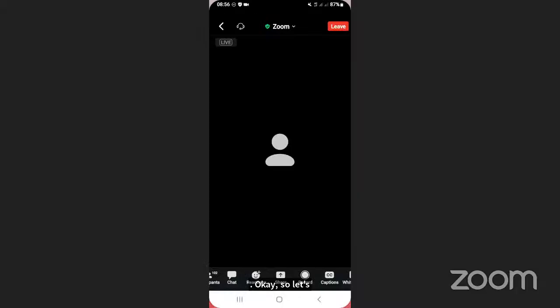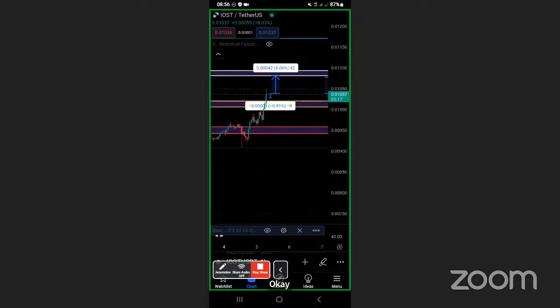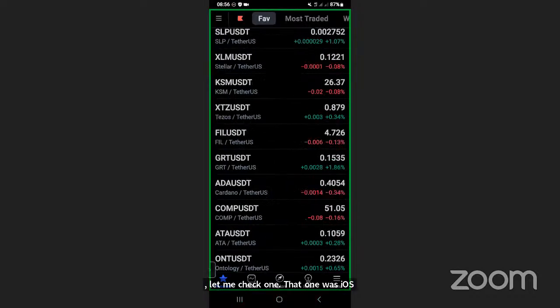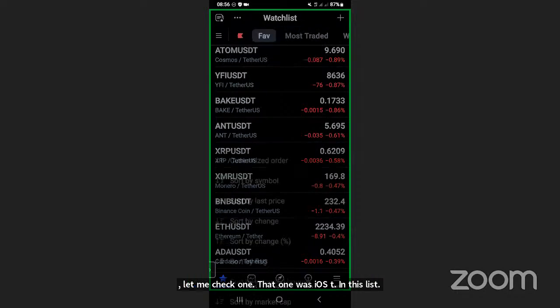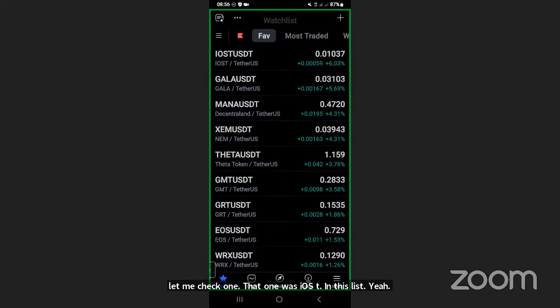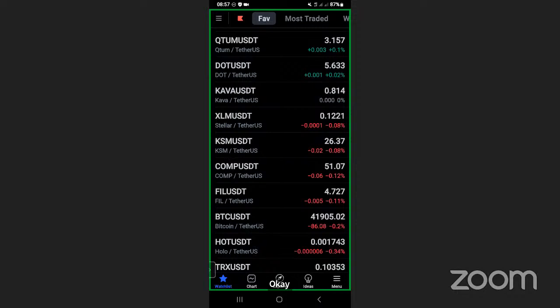Should be IOST. Let me check if they have IOTA in this list here. IOTA should be down here.